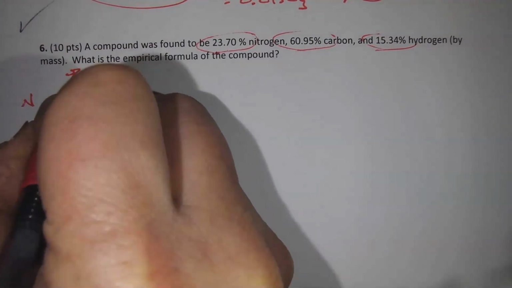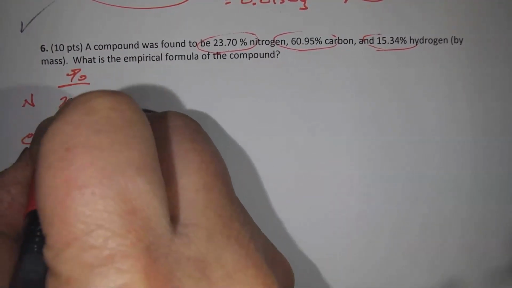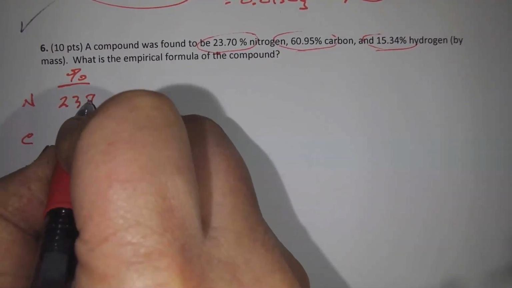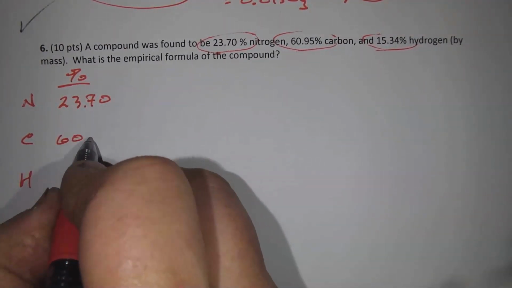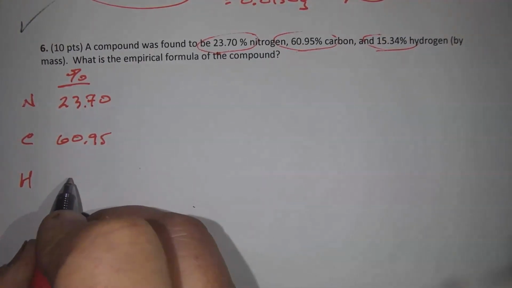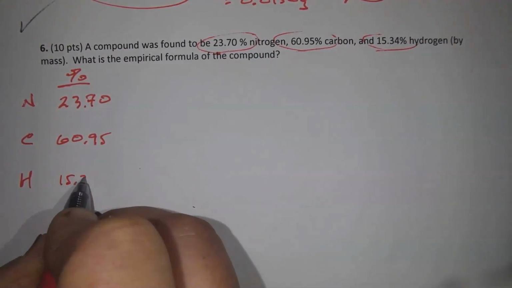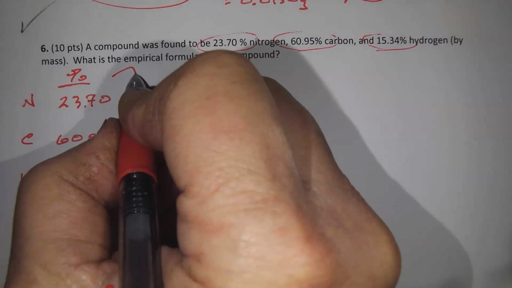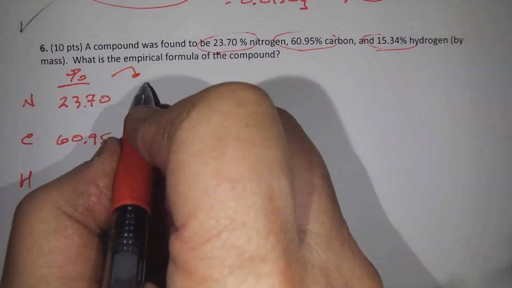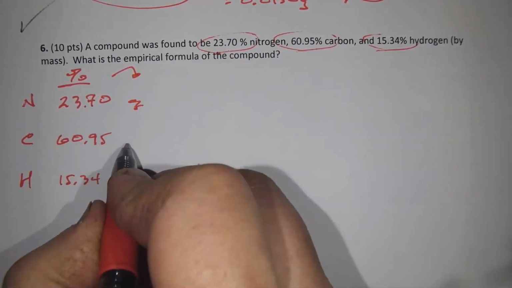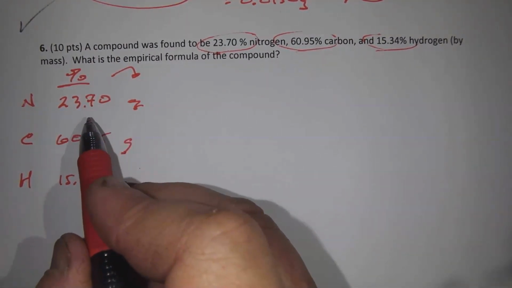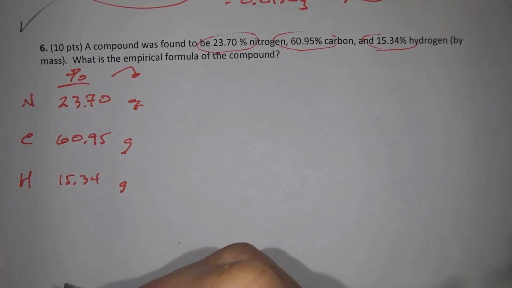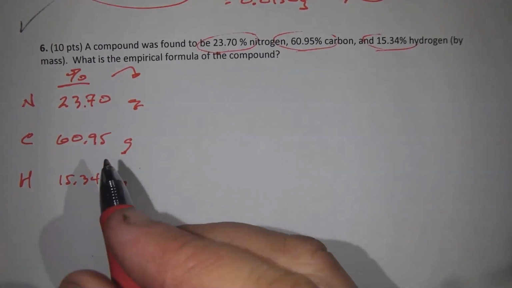And our percents from the problem are 23.7, 60.95, and 15.34. And so formally I should probably say, let's just say there's 100 grams, so I'm going to convert these directly into grams. Again, 23.7%, if I have 100 grams, I have 23.7 grams of nitrogen.